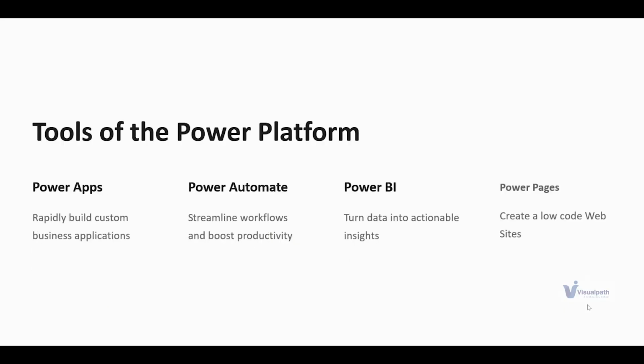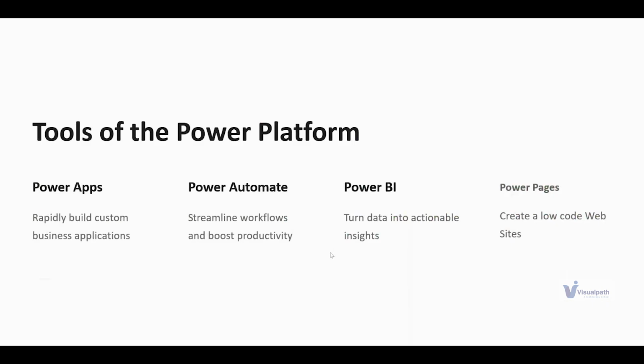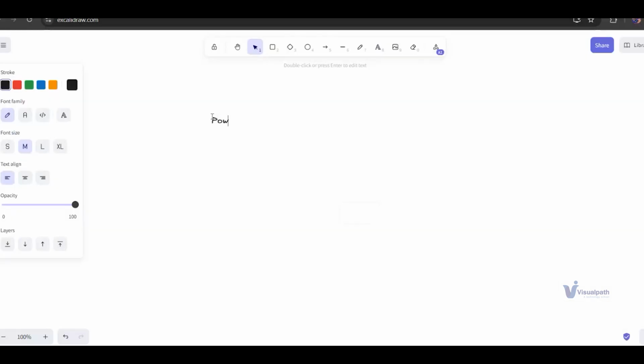Now I'll give you a brief on all the tools in detail. Power Apps: we have two types of Power Apps. Under Power Apps, we will have two types of applications.